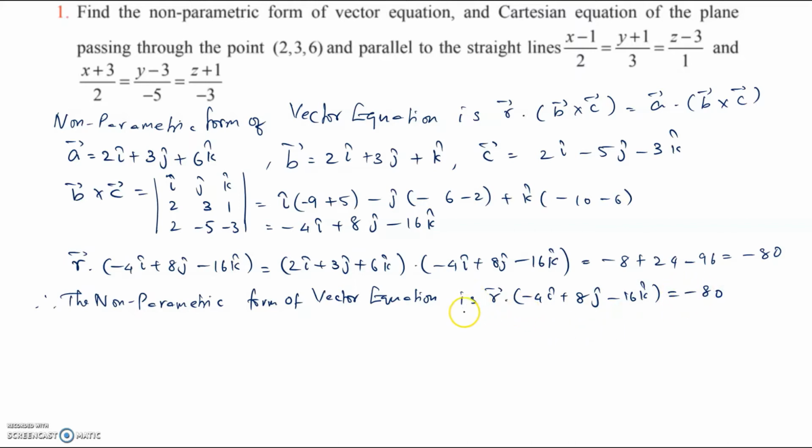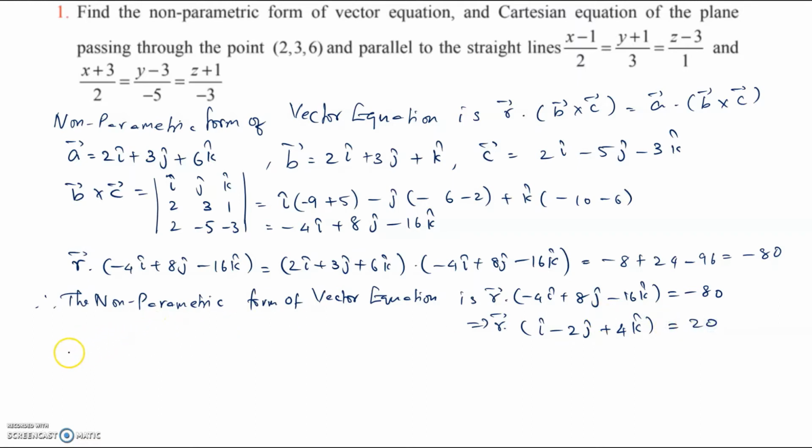You can further simplify this by taking the minus 4 out. We can write this as r dot product with (i cap minus 2j cap plus 4k cap) is equal to 20.